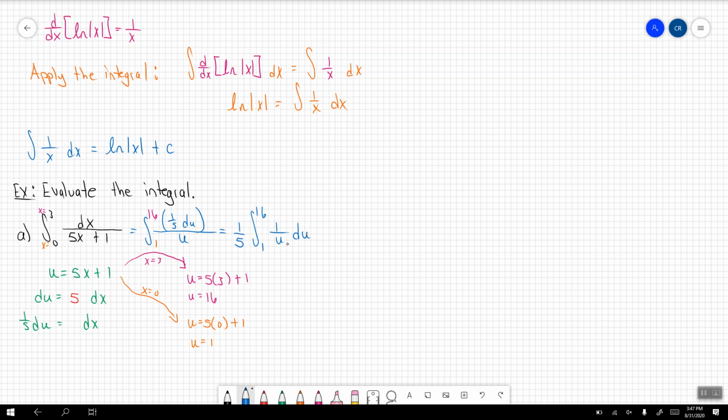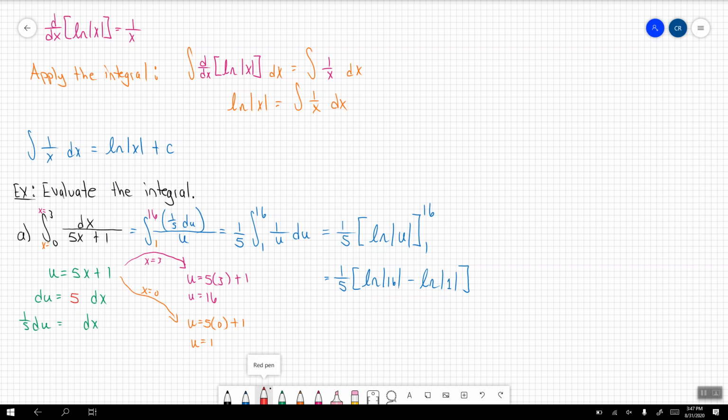Now I can go through the process and integrate 1 over u. The integral of 1 over u is the natural log of the absolute value of u, evaluated from 1 to 16. Let's keep evaluating here. That's the natural log of the absolute value of 16 minus the natural log of the absolute value of 1.